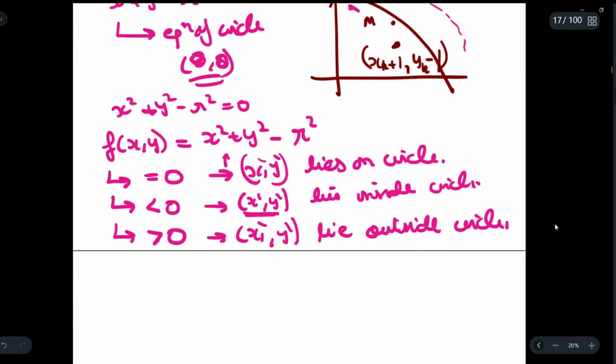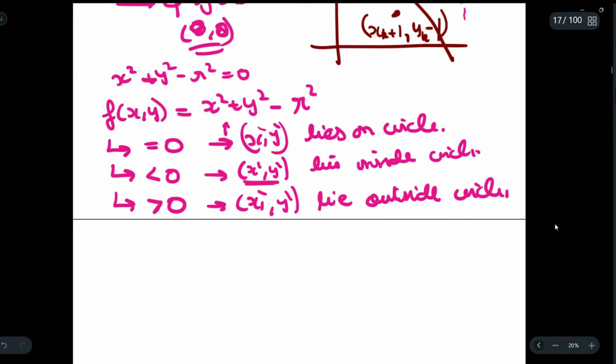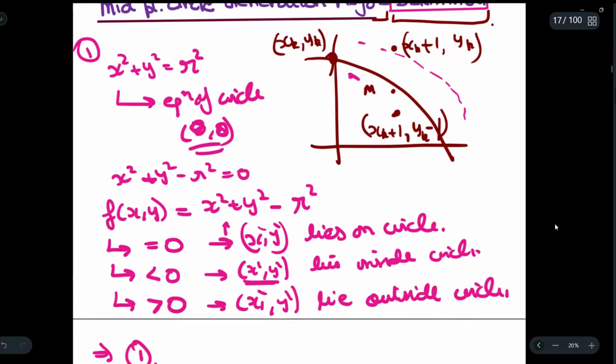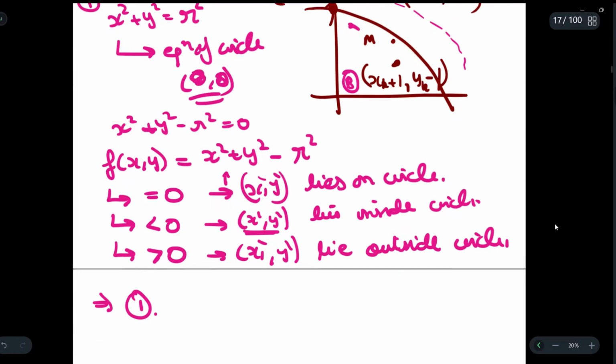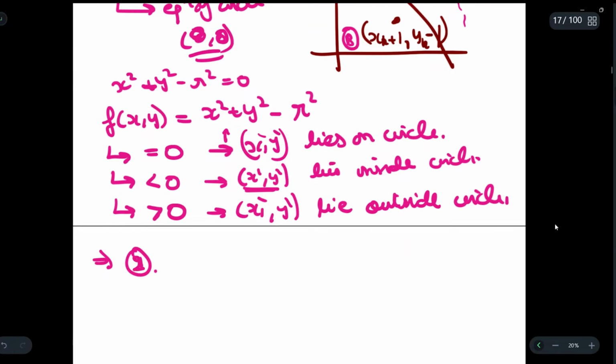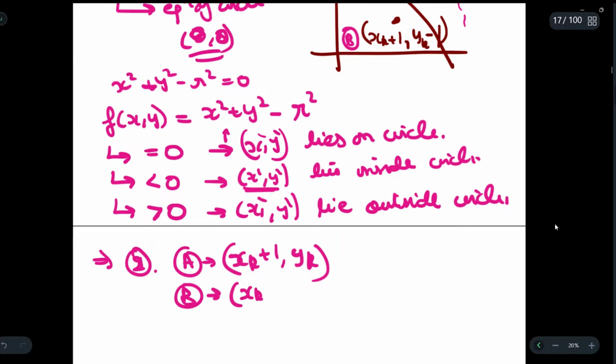Now let us consider the 2 points that we have taken. The first point, let us call it A, and the second point, let us call it B. Now in the second step, we will write the point A as xk plus 1 comma yk, and we have the B point as xk plus 1 comma yk minus 1.